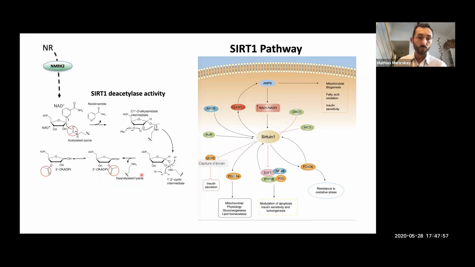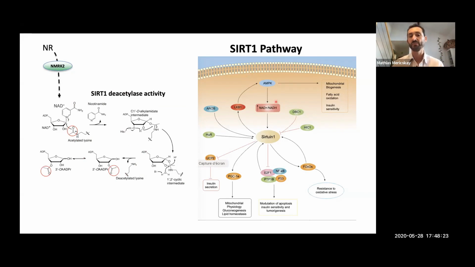So when we stimulate this NMRK2 NR pathway, again, we produce NAD, and NAD can be used by many different pathways, as I told at the beginning in my introduction. But one of the target pathways that we can imagine would be beneficial to activate is this SIRT1 deacetylase, which is using this NAD to remove, as I said, the acetyl group from proteins and put it on the ADP-ribose moiety of the NAD.